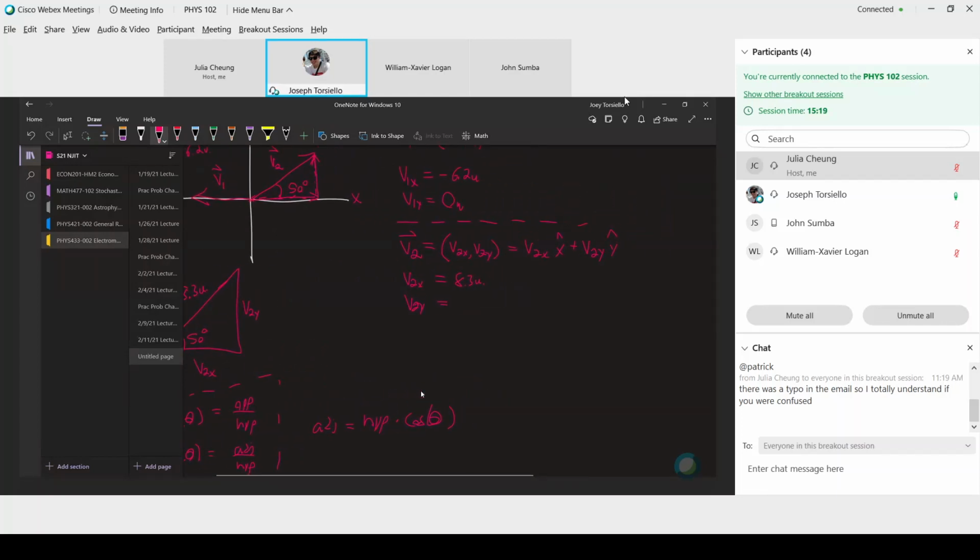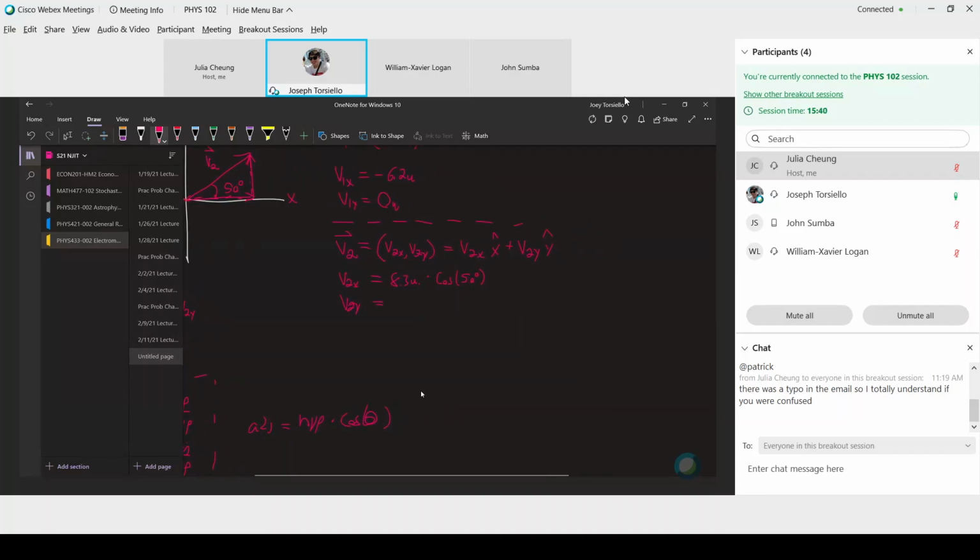I'm going to assume, guys, that calculators are allowed on the exam, so you wouldn't just leave it as cosine 50. Make sure your calculator's in degree mode if you're using a TI-84 or something. So 8.3 times cosine 50 is about 5.335 units. And that would be the x component.